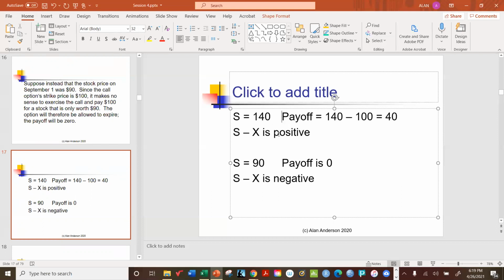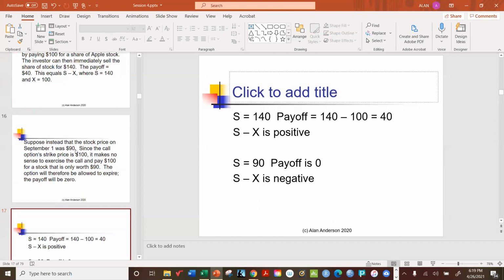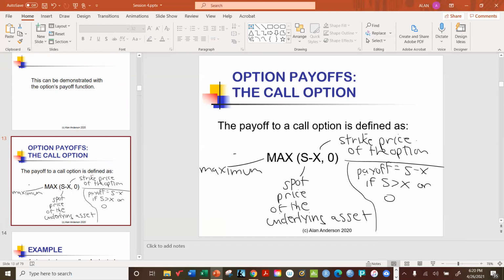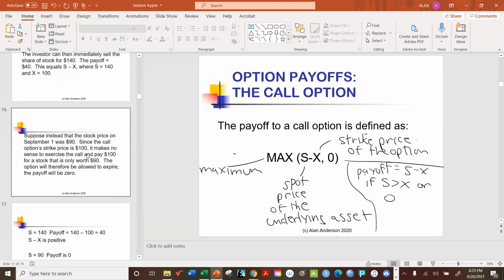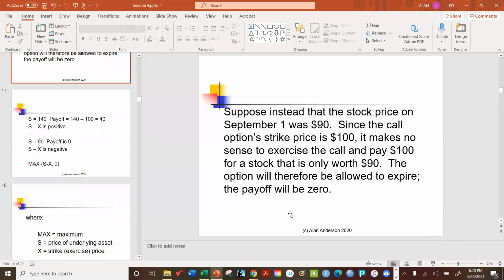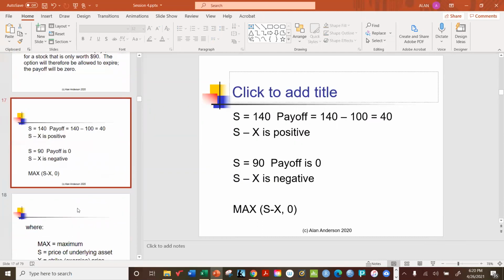Okay. So that's why we have this max thing. So now hopefully this makes a little bit more sense. So you can see this is basically a way of consolidating all this information. So max S minus X or zero means that it's the greater of S minus X or zero, which means S, just in general, let me move this to the next slide.